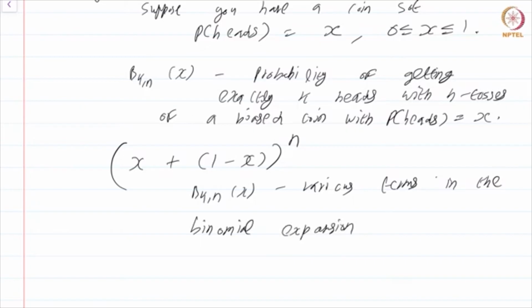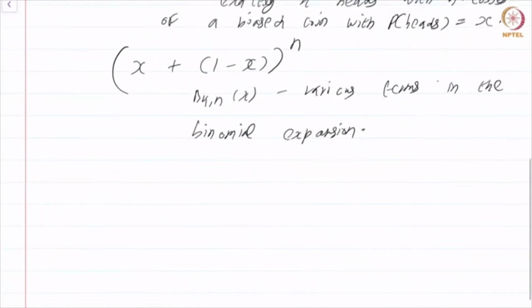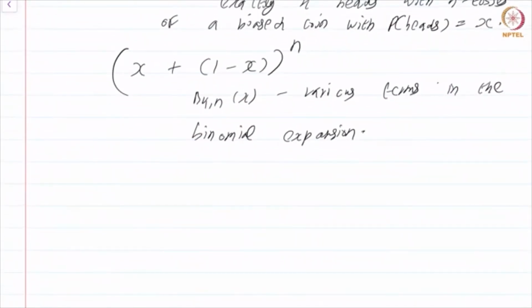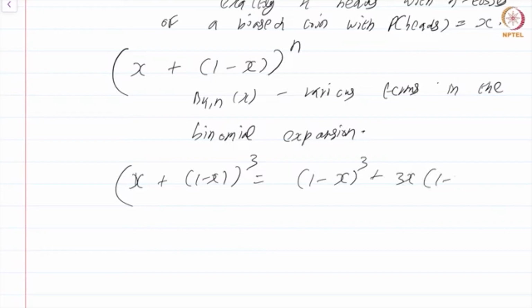For instance, let's just write down what it's going to be in the case when n equal to 3. So you just have x plus 1 minus x the whole power 3. So this is going to be (1 minus x) cubed plus 3x times (1 minus x) squared plus 3x squared times (1 minus x) plus x cubed.